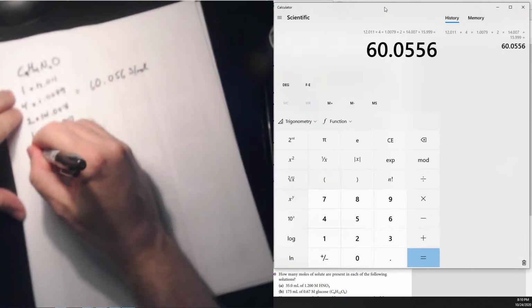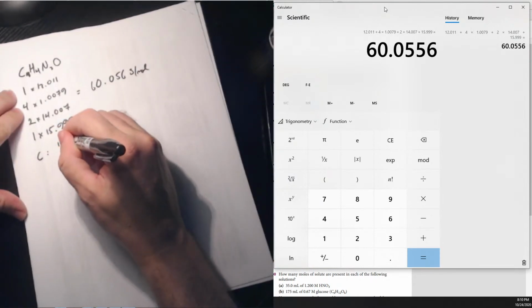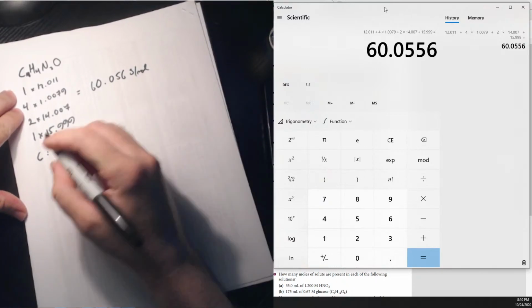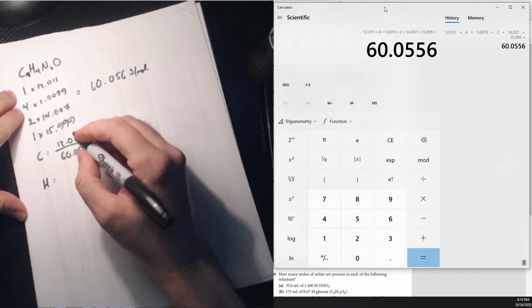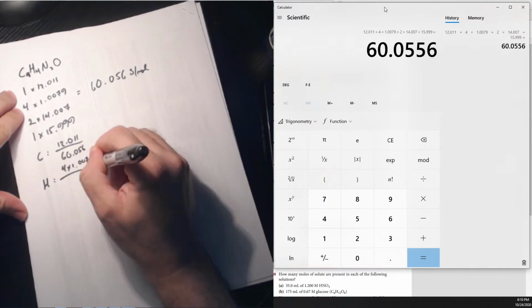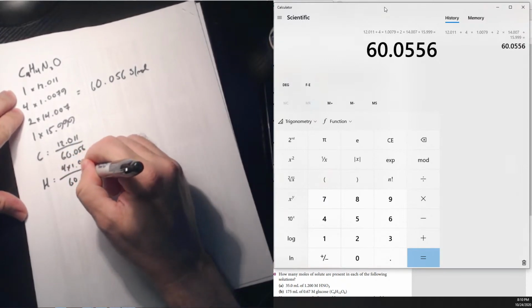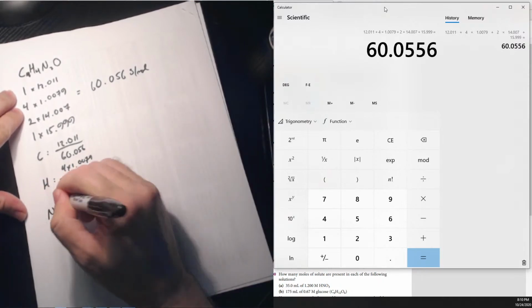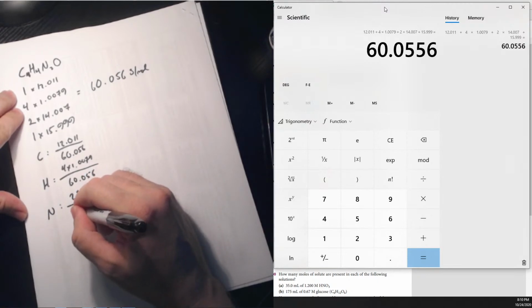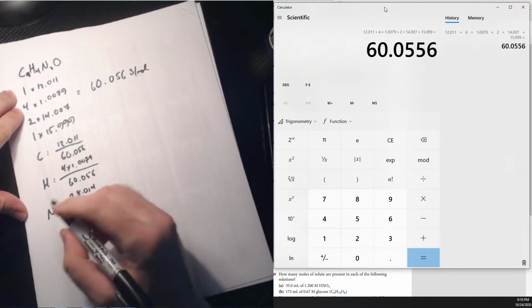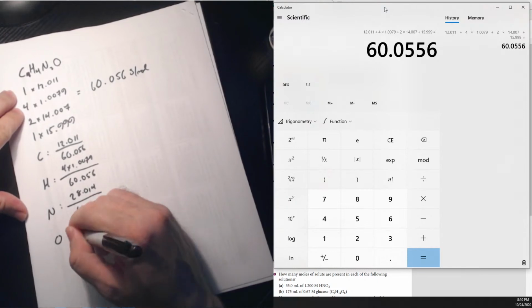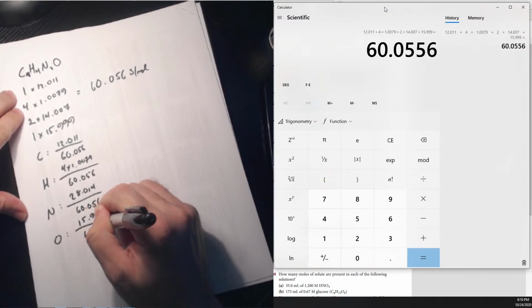So, of that, carbon is 12.011 over 60.056. Hydrogen is 4 times 1.0079 divided by 60.056. Nitrogen is 28.014 over 60.056. And oxygen is 15.999 divided by 60.056.